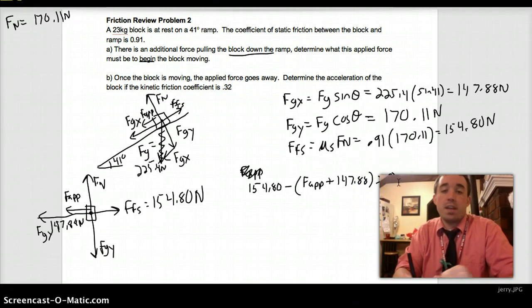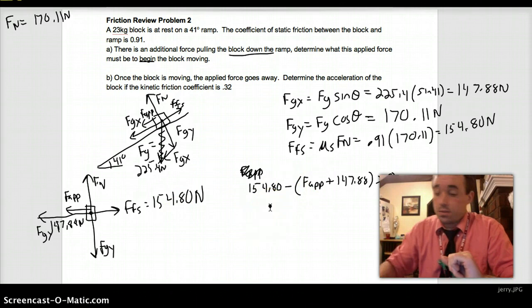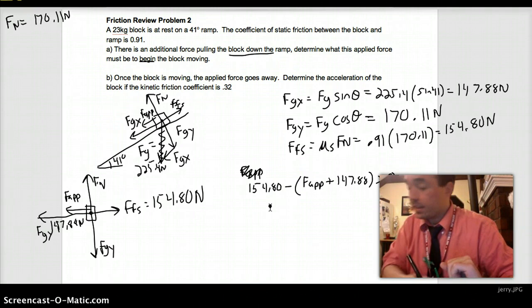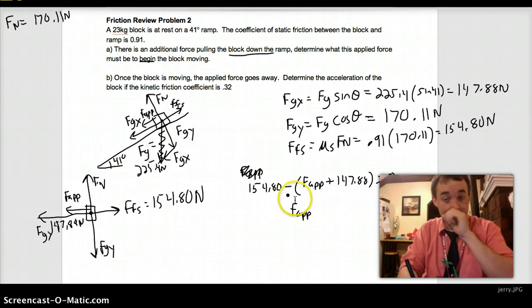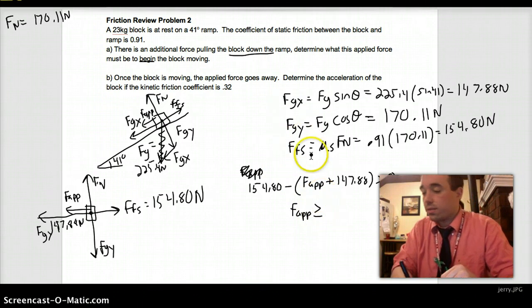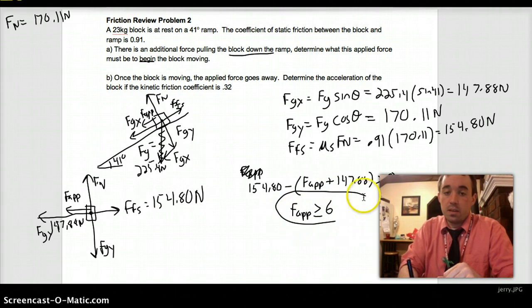I have to perfectly match it, or at least be a little bit above it. So solving for that, I do 154.80 minus 147.88, and I get 6.92 as my applied force. So my applied force has to be greater than or equal to, right? That's sort of the breaking point of 6.92 newtons. Okay.